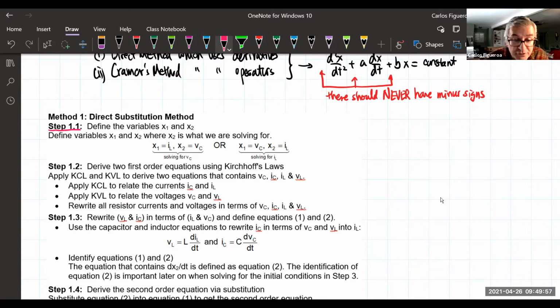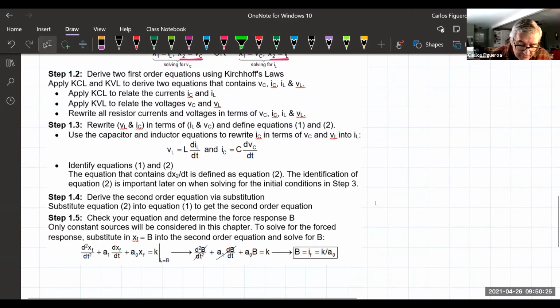If I want to solve for the current of the inductor, then I call x2 IL. So it's always the second variable that I'm after here. And you're going to see later on that this becomes useful in how I write that down. Let's go to step 1.2.